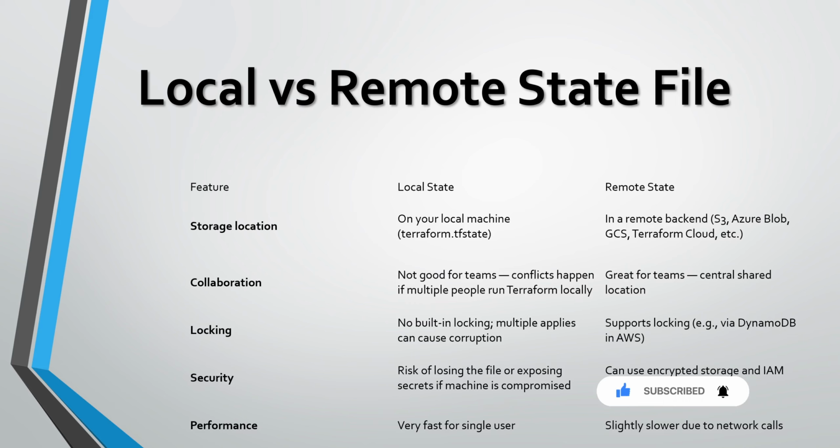So probably only one user is working on the local state file, so locking is not implemented. But the remote state, since it's a team collaboration state file, supports locking, either via DynamoDB in AWS, or you may use the native locking support.